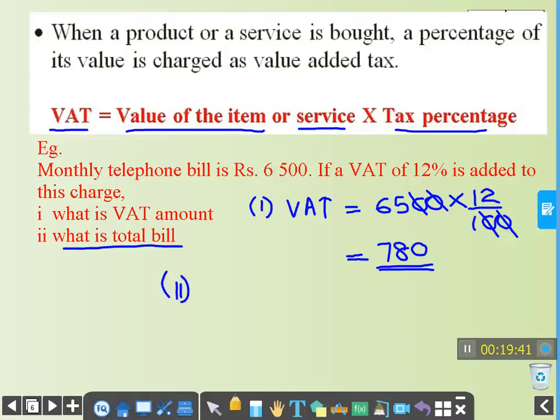Second question they are asking, what is the total bill? Before the VAT charges, the bill is 6,500. Now for the bill 6,500, VAT 780 is added.